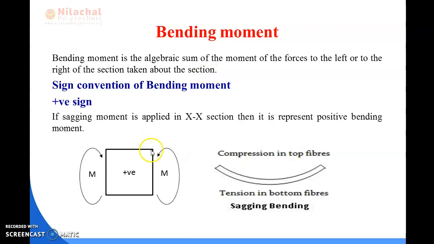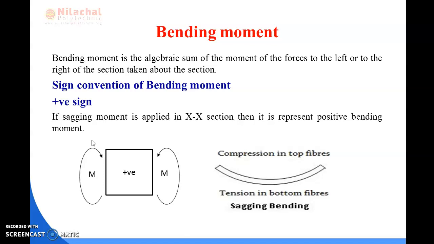That means if we consider a beam section, and at both the right side and left side of the section we consider the moments and sum them, then the total value of moment we find is known as your bending moment.